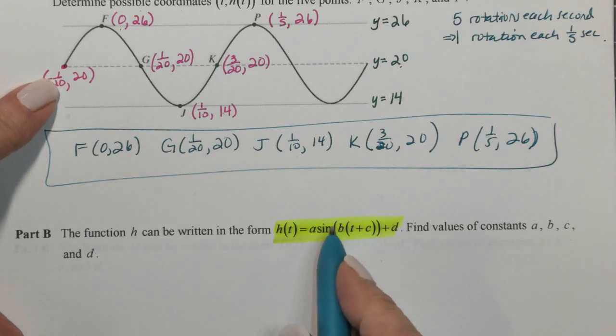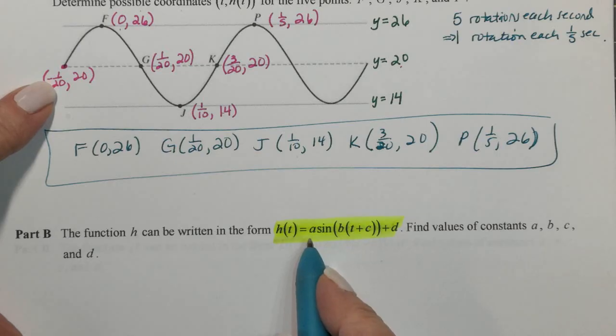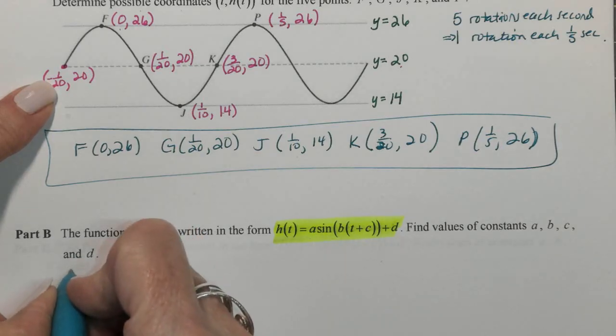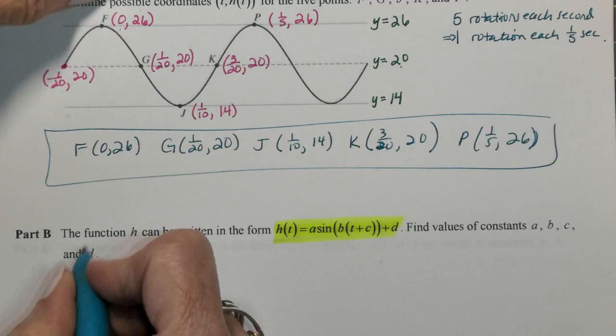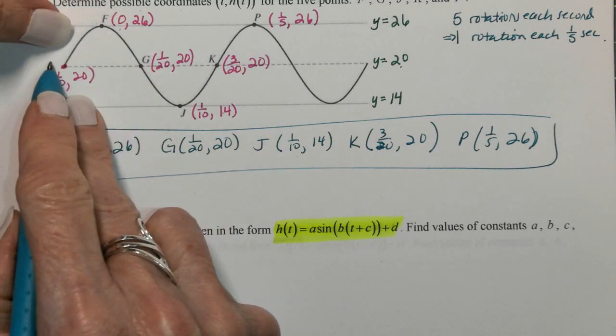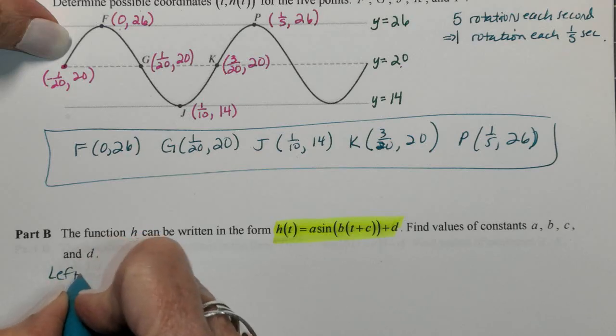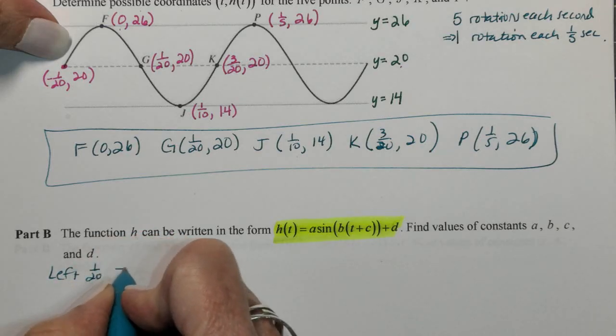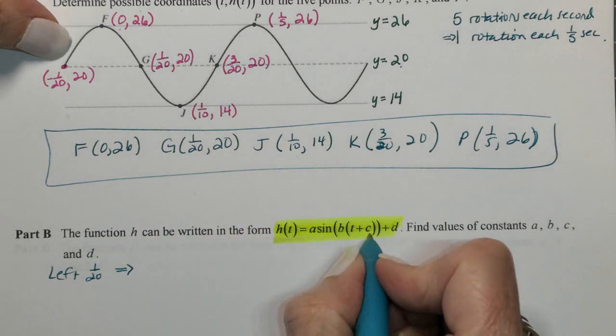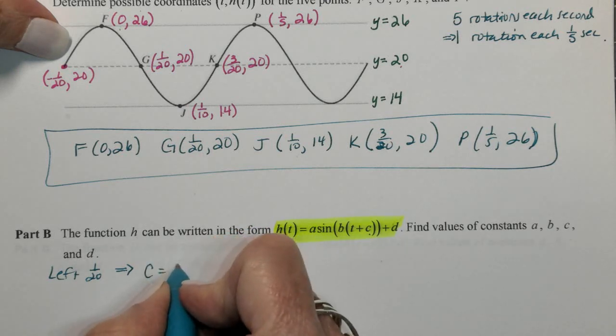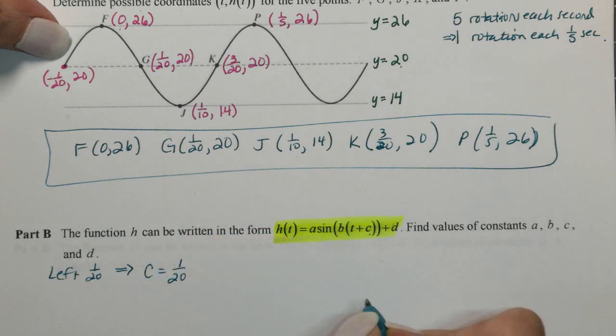So let's see. Since I had 0 here, I'm shifting it to the left 1 over 20. That means that the C value is positive 1 over 20.